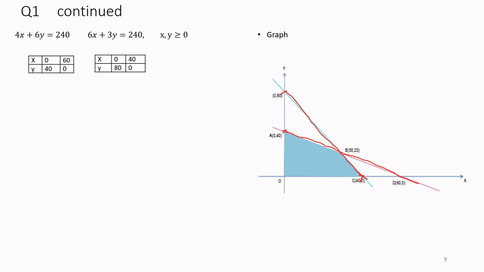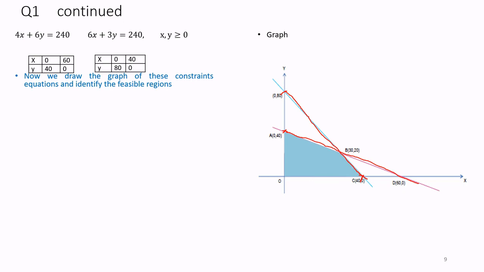Now we have to select the range and identify the feasible region. Here, the given constraints are 4x plus 6y should be less than or equal to 240.